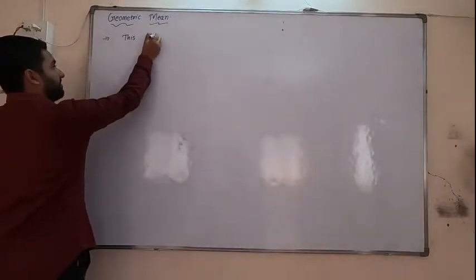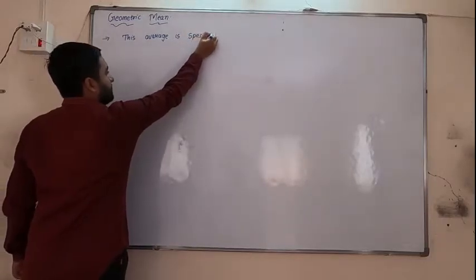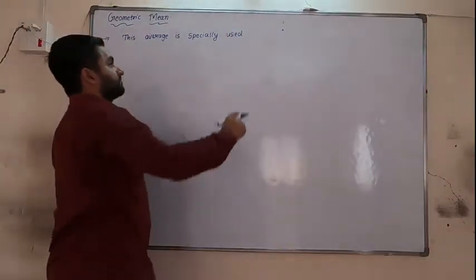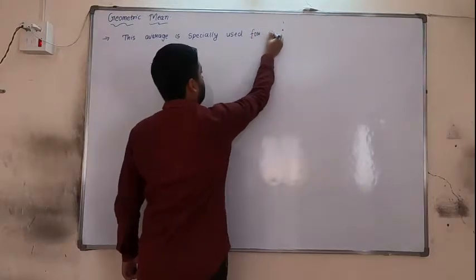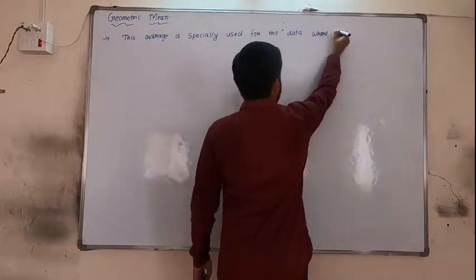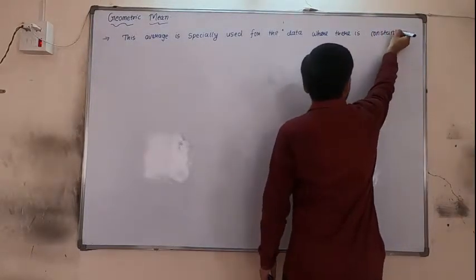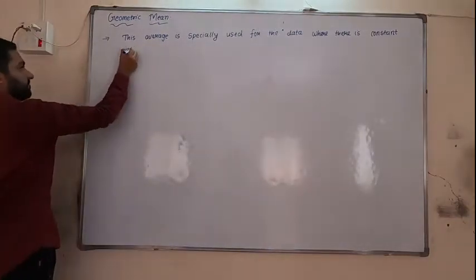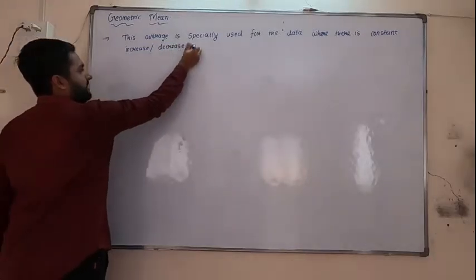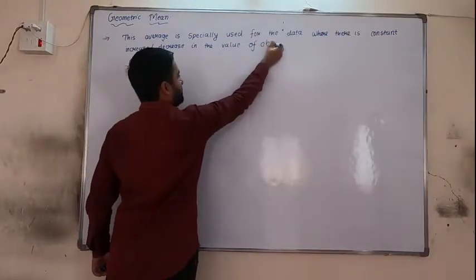This average is specially used for the data where there is constant increase or decrease in the value of observations.